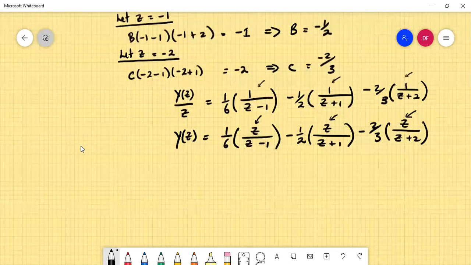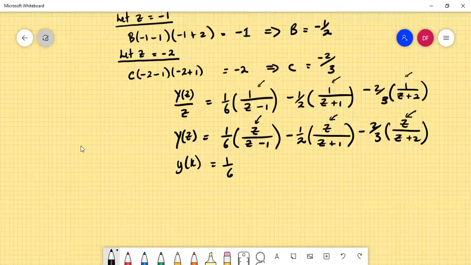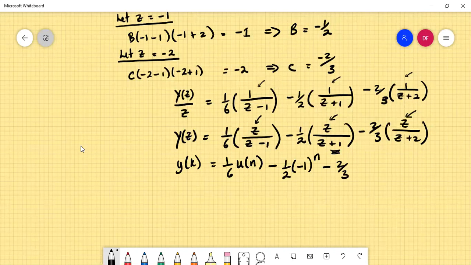So this says y(k) is equal to 1/6. Now this Z over Z minus 1, remember we said that the Z transform is u(n), which is just 1. Minus a half. Z over Z plus 1 is minus 1 to the n. Minus 2/3. Z over Z plus 2 would be minus 2 to the n.